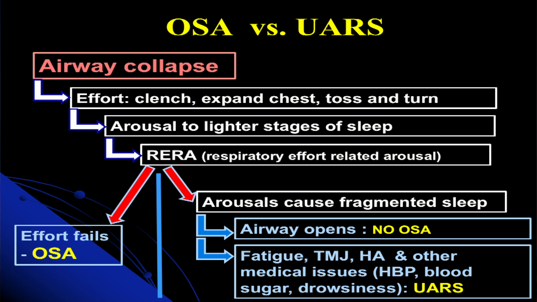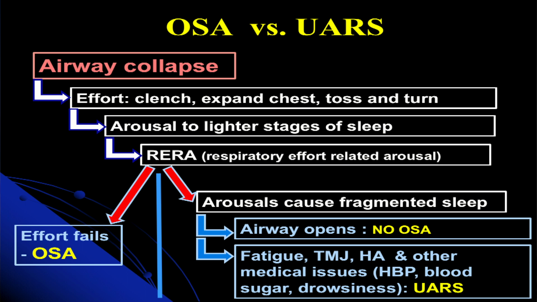Now, if this effort doesn't work, despite all this effort, the airway closes down and there's a drop in oxygen. In other words, the effort's failing, and that's the patient who has obstructive sleep apnea. Because now their blood oxygen's dropping, their airway's closing down, they're stopping breathing. But if the effort works, the airway opens up, and they slide over into the other side, called upper airway resistance syndrome.